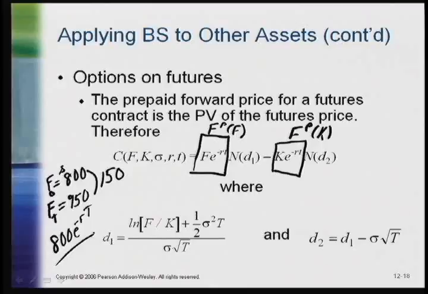So the fact that the prepaid forward on a futures is the present value of the futures can be thought through with this kind of example. So this structure of prices is really identical to the prepaid forward structure of the generalized Black-Scholes. No different.